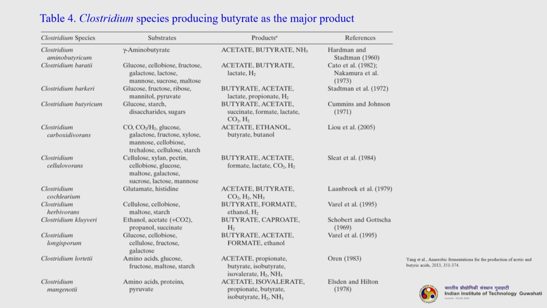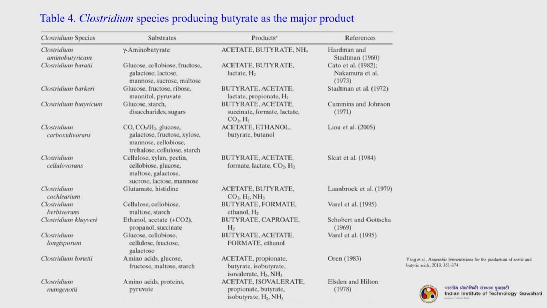Similarly, if you come down, you can see Clostridium barkeri. It can degrade glucose, fructose, ribose, mannitol and pyruvate and finally produce butyrate, acetate, lactate, propionate and hydrogen. There are many others also.